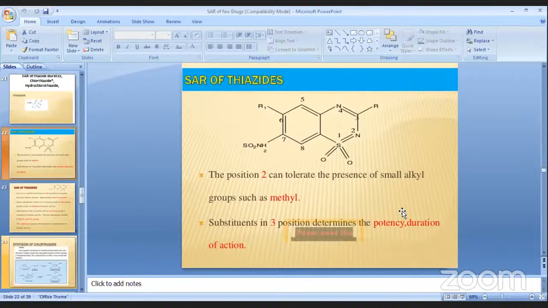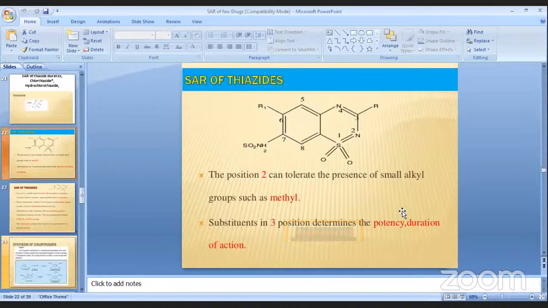In 3 position there is a substituent, and between 3 and 4 position there is one double bond, and along with this one benzene ring, and in the 7th position a sulfonamide group is there, and R1 is in the 6th position.